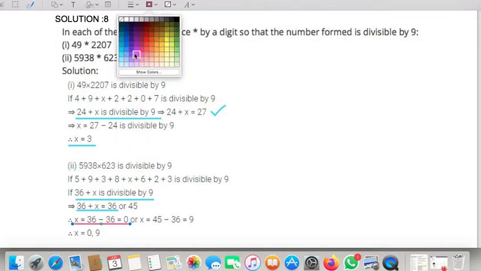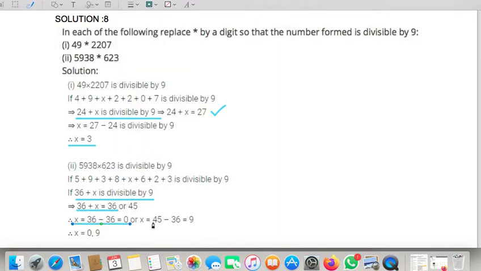If x plus 36 is equal to 45, this is the second case that I am taking. Then x comes out 45 minus 36, that is 9. So yes, this is also a possibility. We can take this also as the value of x. All have understood? So there are two possible answers of x, that is 0 and 9.